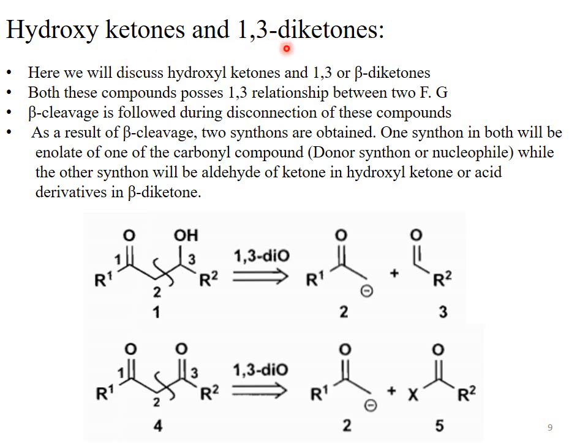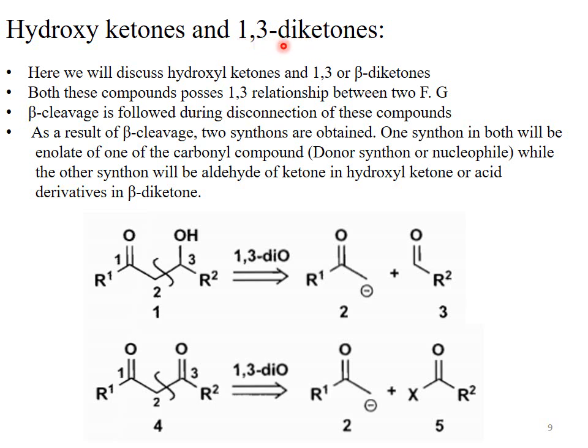Hydroxyl ketones and 1,3 diketones. These are two compounds. One compound contains a hydroxyl group and a ketone group, and the other compound contains two carbonyl groups within a single compound. So 1,3 diketones are also called beta diketones.